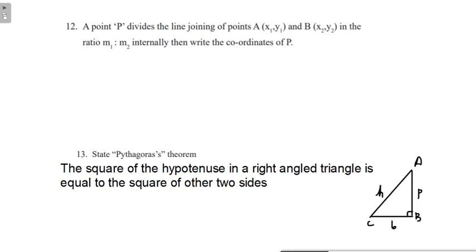So now AC square is equal to AB square plus BC square. So hypotenuse square is equal to base square plus perpendicular square.